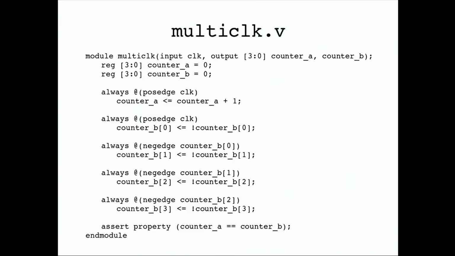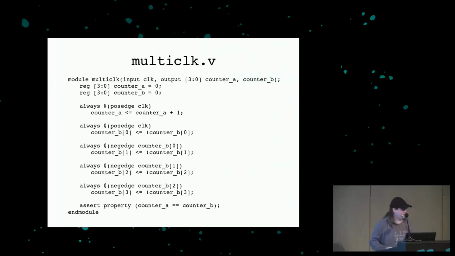This is an example of using multiple clock domains with Yosys SMTBMC, just to show you that this is also possible. So here we have a counter, but we implement this counter just by using the lower bit we've just created as a clock input to another toggle flip-flop, and then we go on. If you're building a counter from TTL ICs, then this would be a possible way to build a counter.